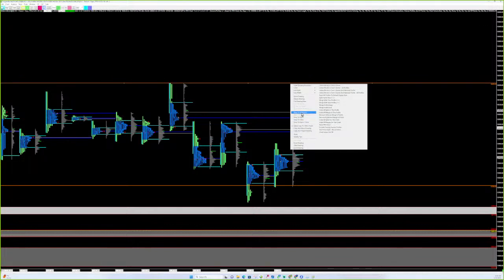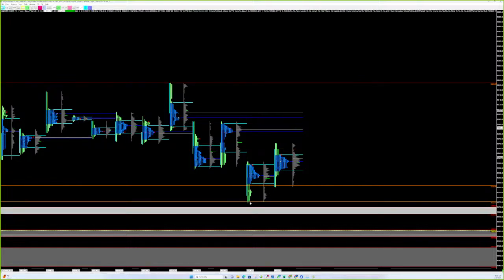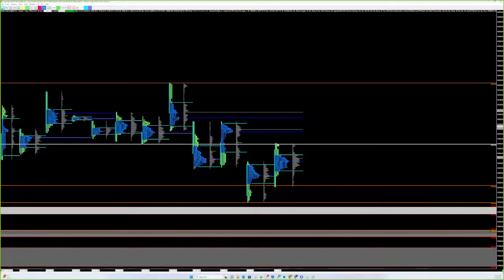Right click. Prior day's lows. This is this current swing low. High.